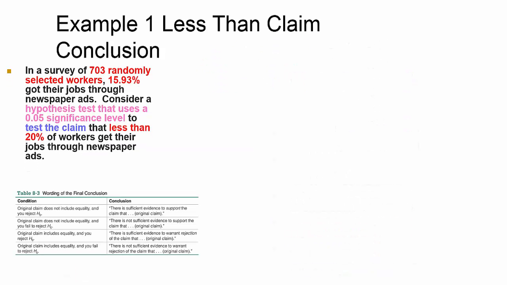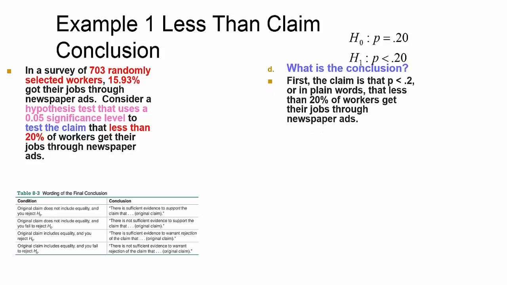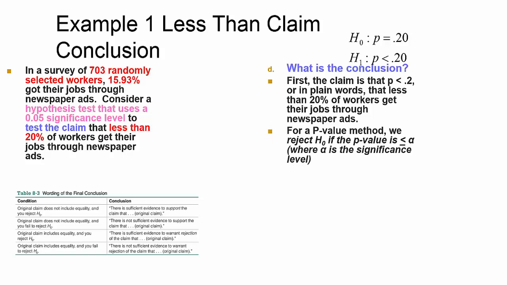Okay, so now that we've figured that out, we can go to the conclusion. Now the conclusion begins with deciding whether to reject the null or whether to fail to reject the null. We never conclude to support the null. So that's the first step, is to figure out if we're rejecting or not. So first, the claim is that p is less than 0.2, or in plain words, that less than 20% of workers get their jobs through newspaper ads.